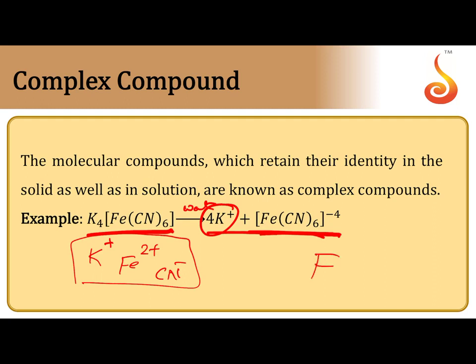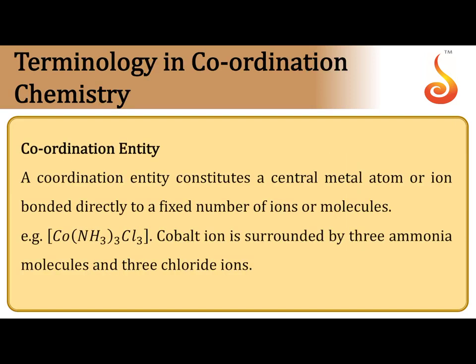So even though in water, between Fe2+ and CN- ions, a certain non-ionizable bond is present. Even though both are oppositely charged ions, along with the ionic bond between them, a non-ionizable coordinate covalent bond is present. That's why these are called coordination compounds.